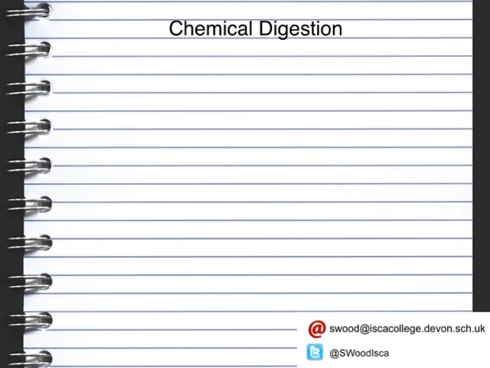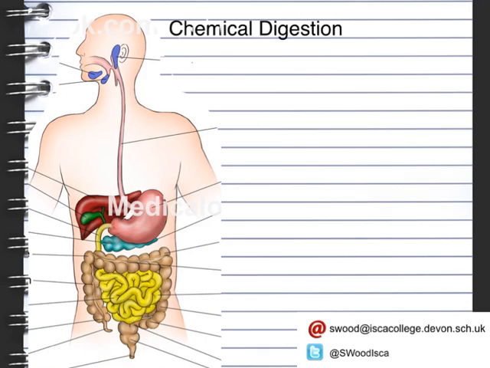Now, the pancreas here, if we show it on the diagram, is this green part here. So there's the pancreas, just underneath the stomach, and that's where all the different enzymes are produced.